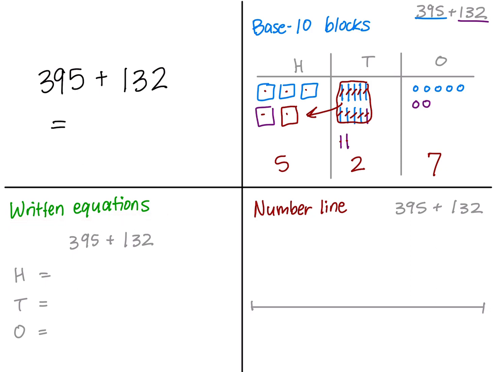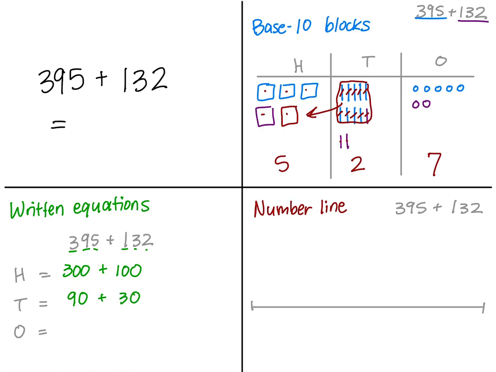For this part, I like to add all my hundreds: 300 plus 100. Then I'm going to do my tens: 90 plus 30.